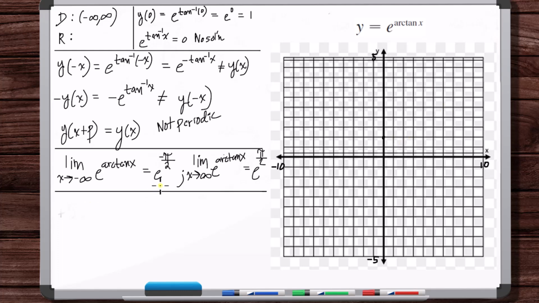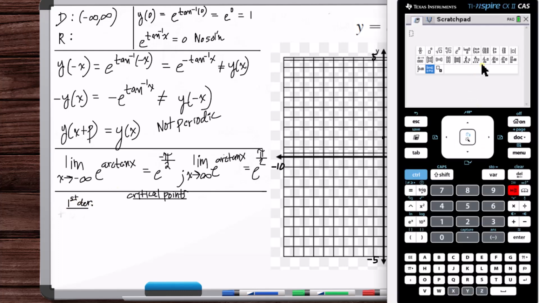Okay, next, let's get any critical points. Okay, so first derivative. Okay, so d dx.